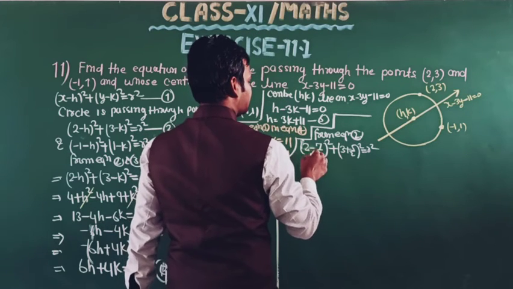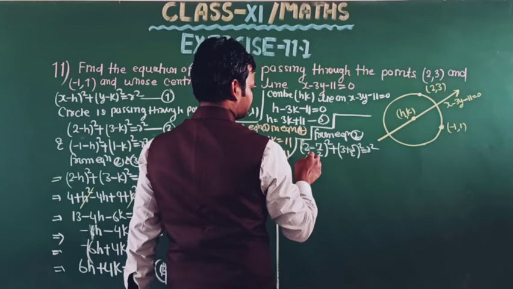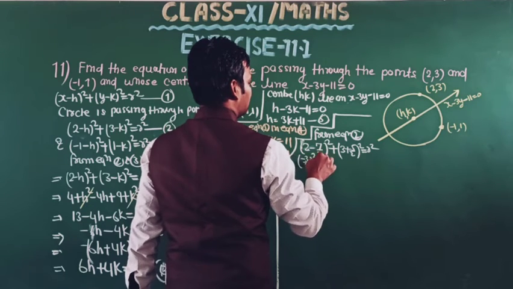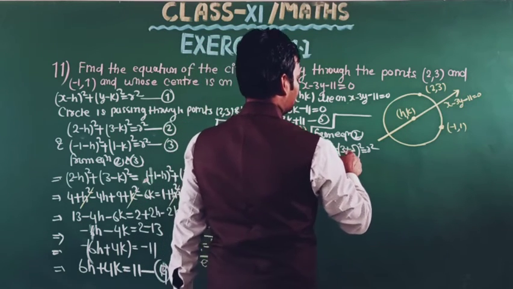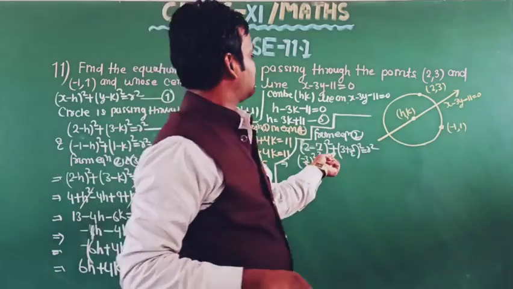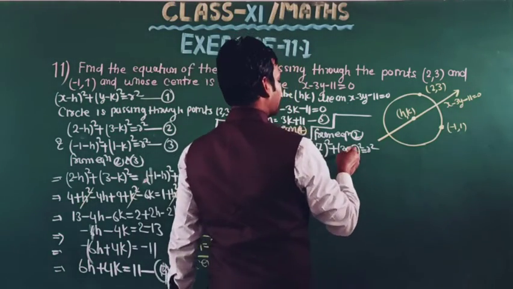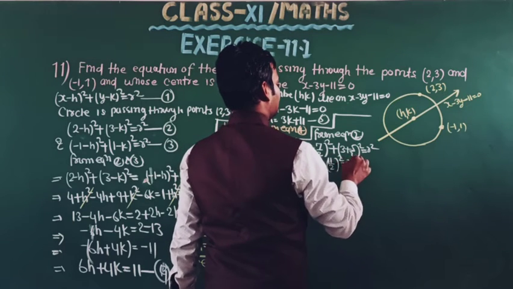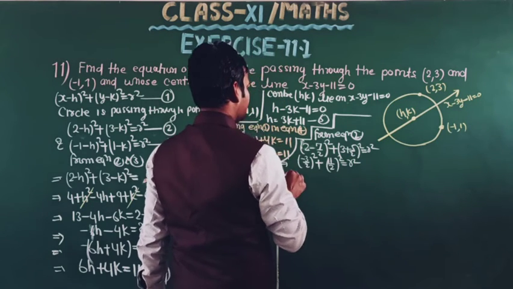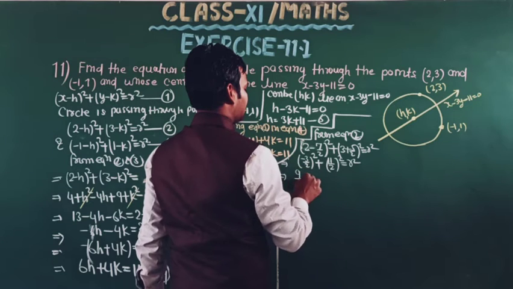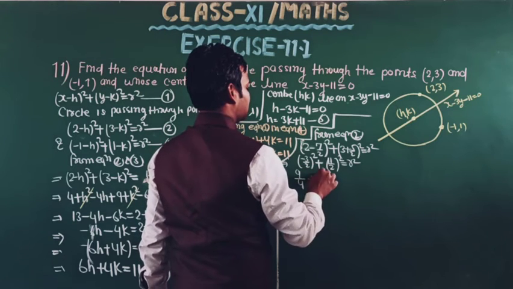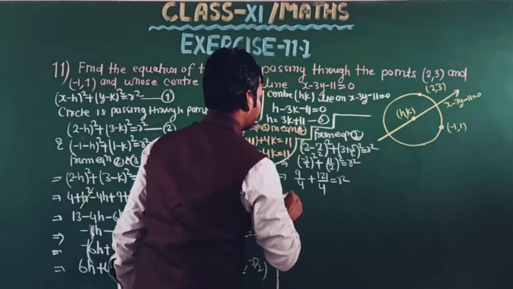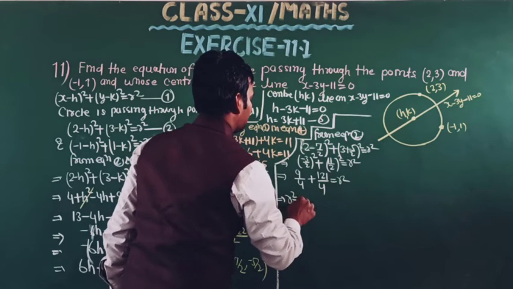This implies (2 minus 7 by 2), that is minus 3 by 2, whole square, plus (3 plus 5 by 2), that is 11 by 2, whole square, equals r square. This implies 9 by 4 plus 121 by 4 equals r square.